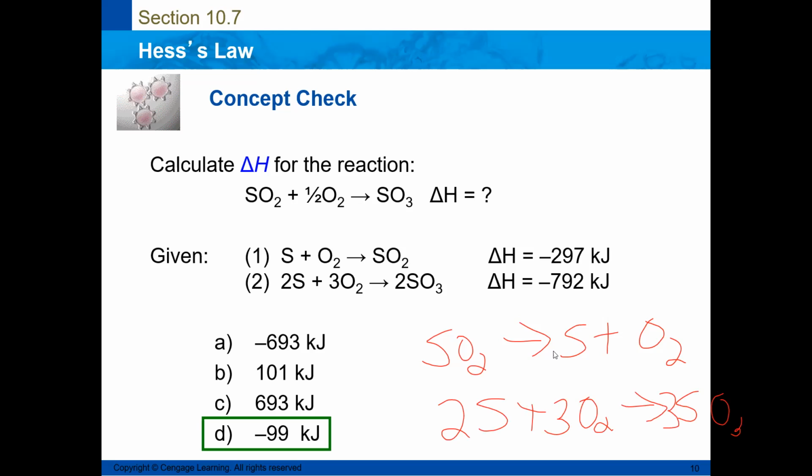Okay, so for this one, what we're going to need to do is balance the reactions. The top one's balanced, no doubt about it, right? The bottom one is also balanced. Oh, I put 3. Why did I put 3? I meant to put 2 right here. Okay.